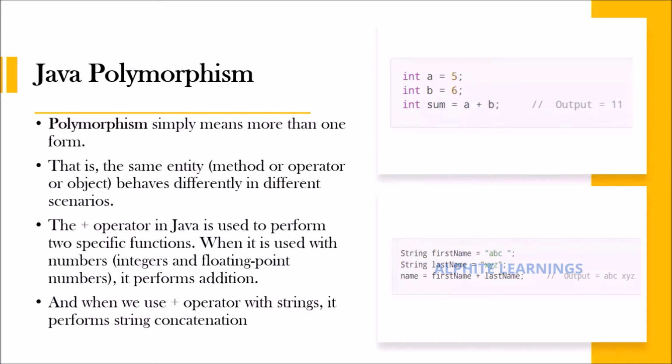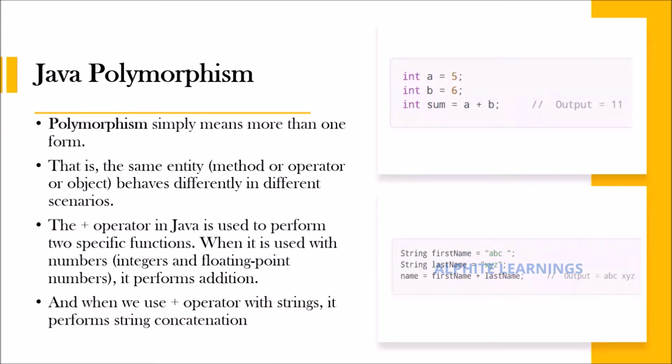If you are just combining two strings, it is called concatenation. Everyone should be familiar with Excel. In that, when you combine two cells, you call it concatenation, right? So the same word is used here as well. The same plus operator behaves in a different way with different input.